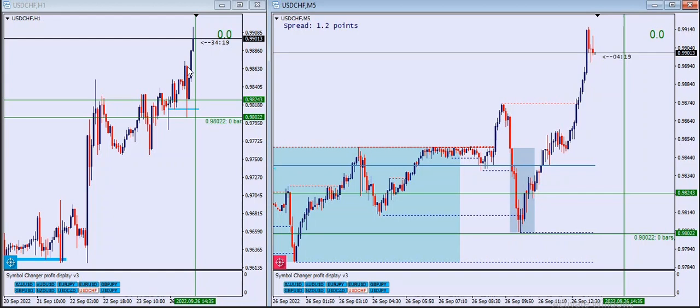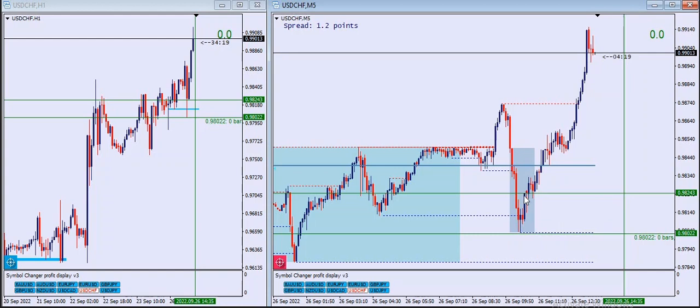But this one, I want to make sure there is a liquidity grab. So at this point, price took out this low, price took out this liquidity and gave me an engulfing pattern, and it's happening inside this New York market open box. So we're already inside the London session.